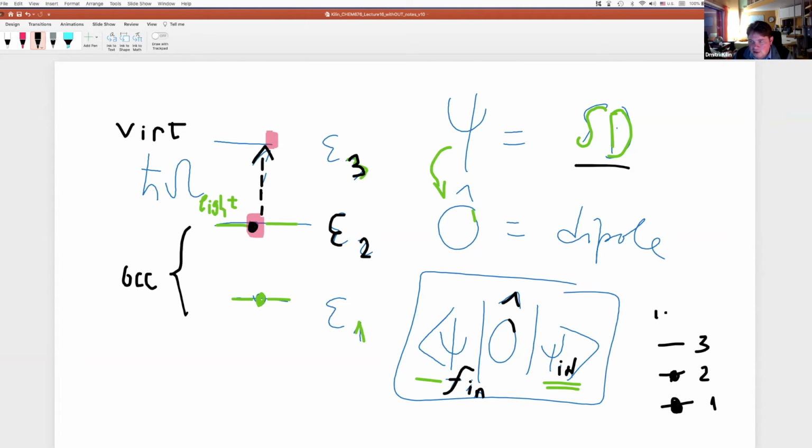In the final, 1 is occupied, 2 is empty, and 3 is occupied, because we promoted the electron from orbital 2 to orbital 3. Make sense? So we need to apply the machinery of equations that we developed for this situation.